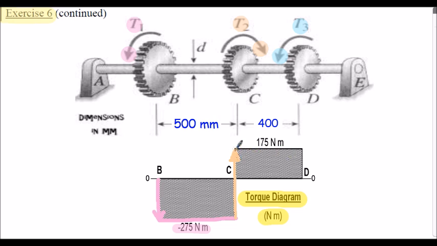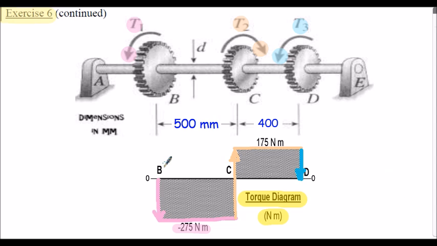That's then a constant torque from C to D of 175 Newton meters. That's negative 275 Newton meters plus 450 Newton meters. And at gear D on our diagram, we now have another negative torque. It's negative 175 Newton meters. And that closes the diagram, as we would expect, and as would be the case on a shear force diagram.